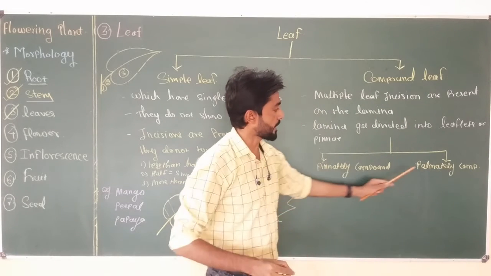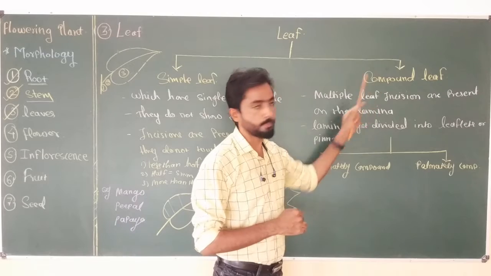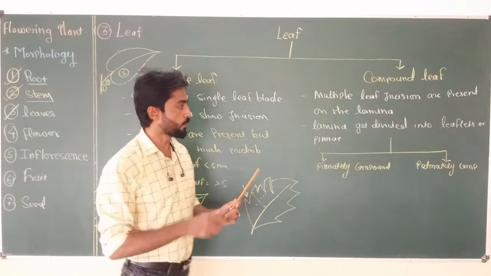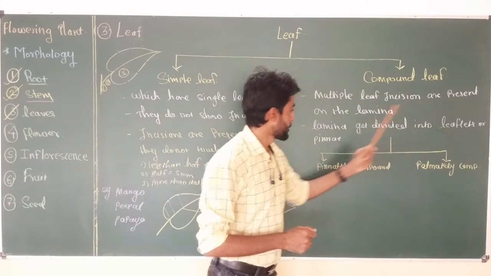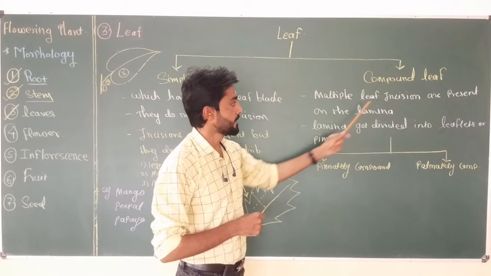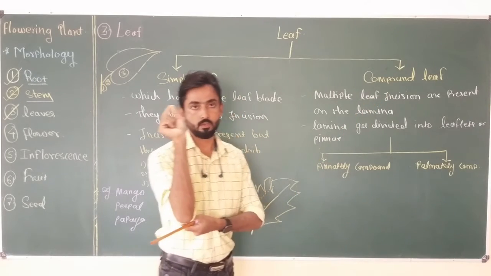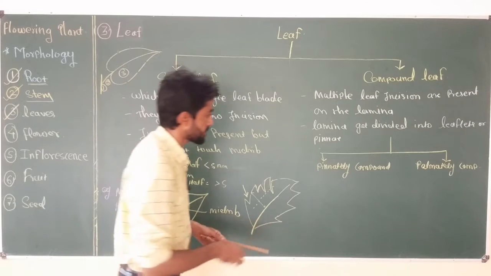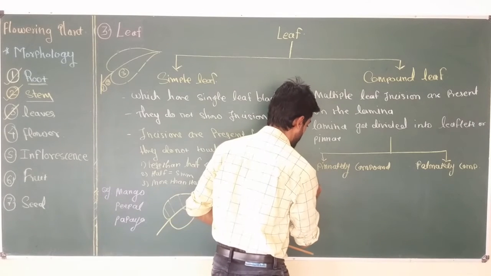Both of these are types of leaf which come under the compound leaf, so they have leaflets and pinnae as well as incision on the lamina. So first we are going to discuss pinnately compound leaf.